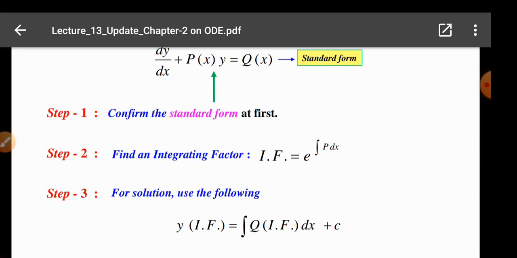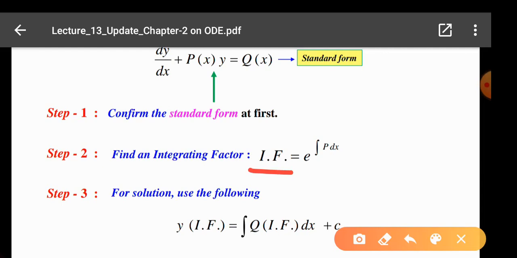In step 2, we have to find one quantity that is called the integrating factor, in short IF, and the integrating factor is defined by e to the power integration of p with respect to x, that is e^(∫p dx).